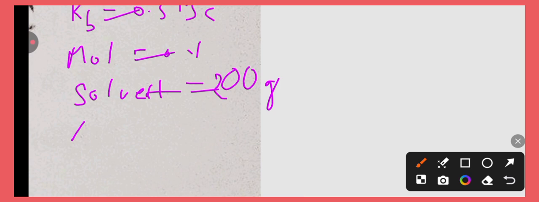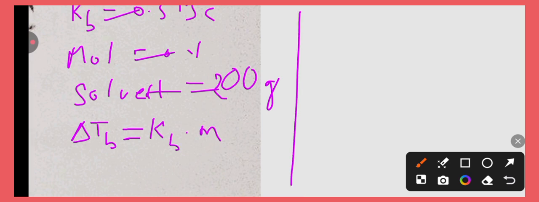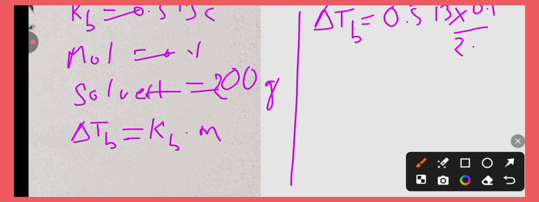Here we know the formula, that is del Tb is equal to Kb into molality. Let's put this: del Tb is equal to Kb, which is given, 0.513, into molality. Molality is number of moles of solute present in solvent in kg, that is 0.1 moles of solute present in kg.